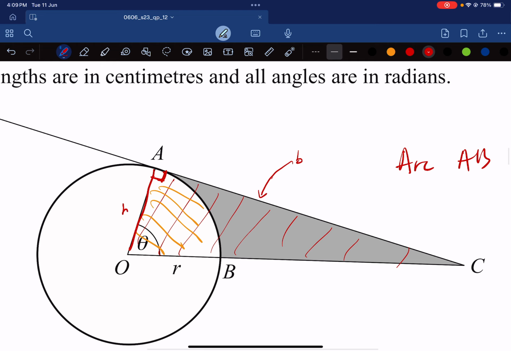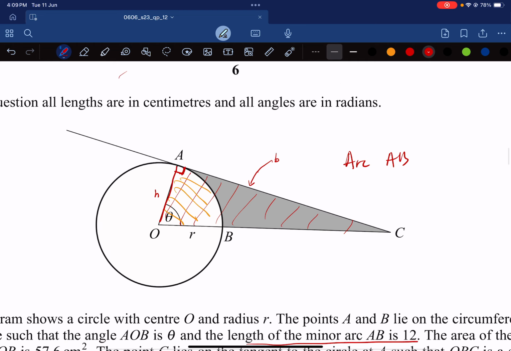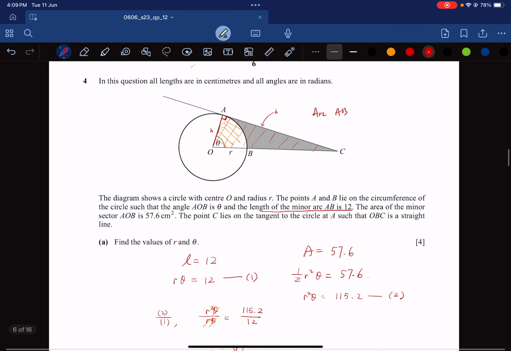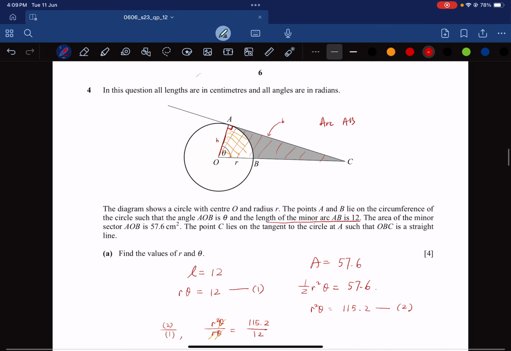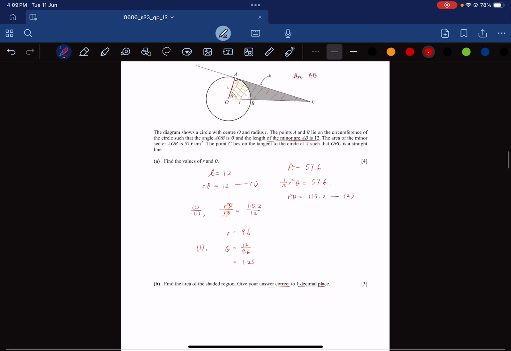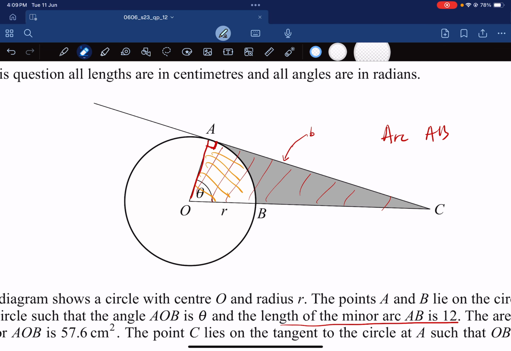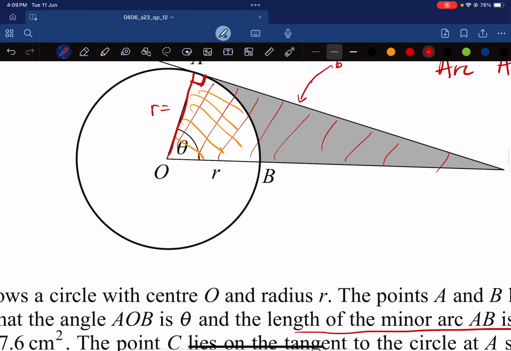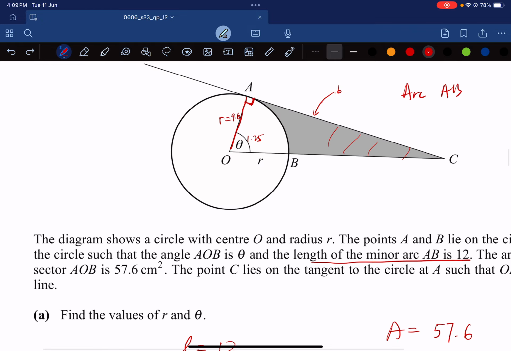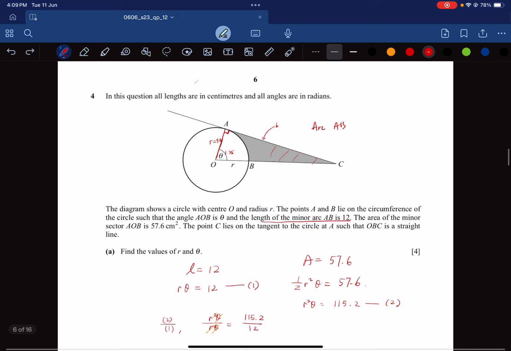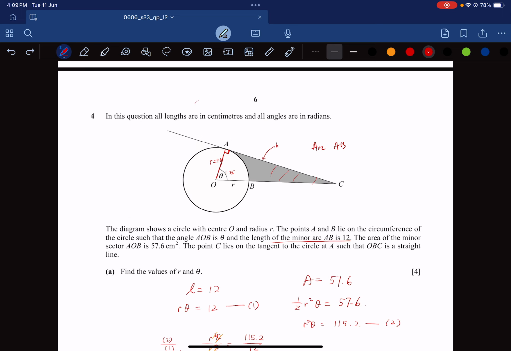Base times height divided by 2, then we are done. Now the question comes: what is the base? What is the height? The height here is obviously r, which is 9.6, and theta is 1.25. We have an angle and one side length inside a right angle triangle, so we can use tangent.